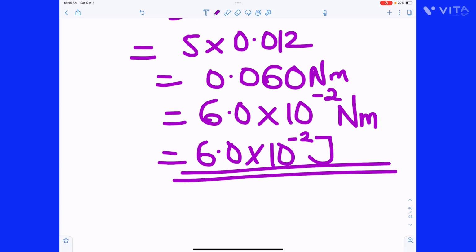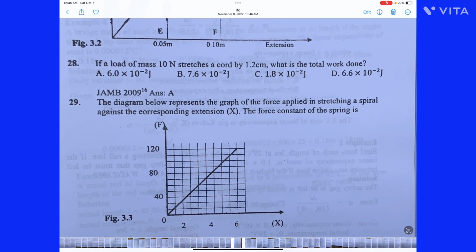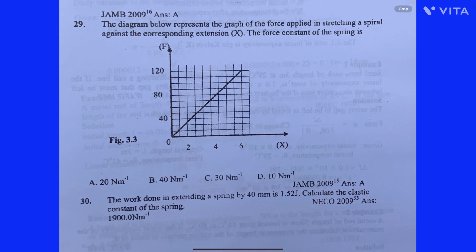Okay, that's correct. I initially thought that total work would mean something different, but it simply means the same as the work done in stretching the cord. Okay, let's go to question 29.